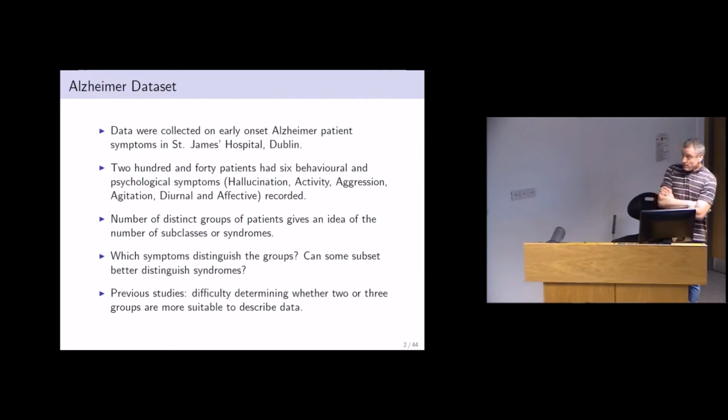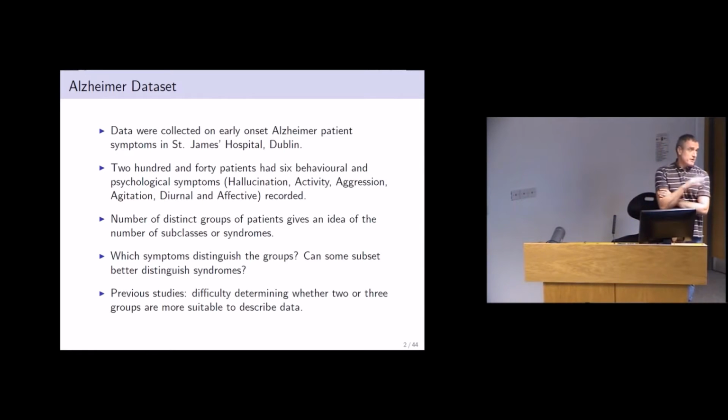The medics felt that early onset Alzheimer's disease had subgroups in it, so not all patients were the same, and different groups of patients might have different propensity to have these 6 symptoms.